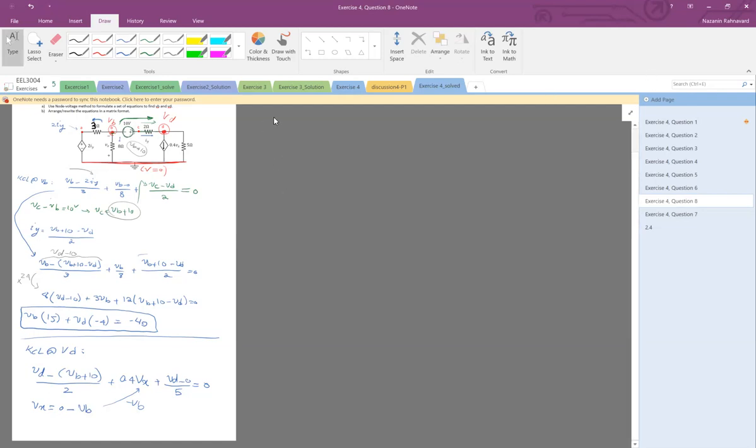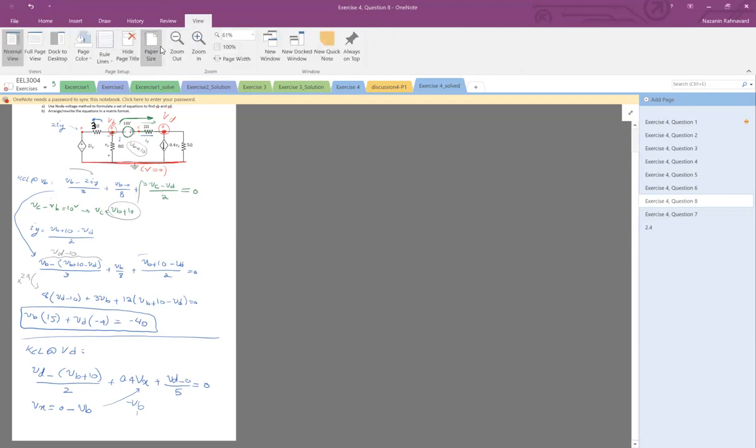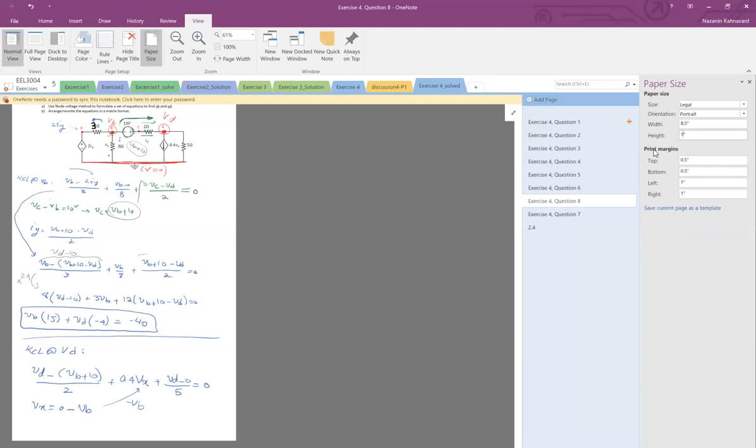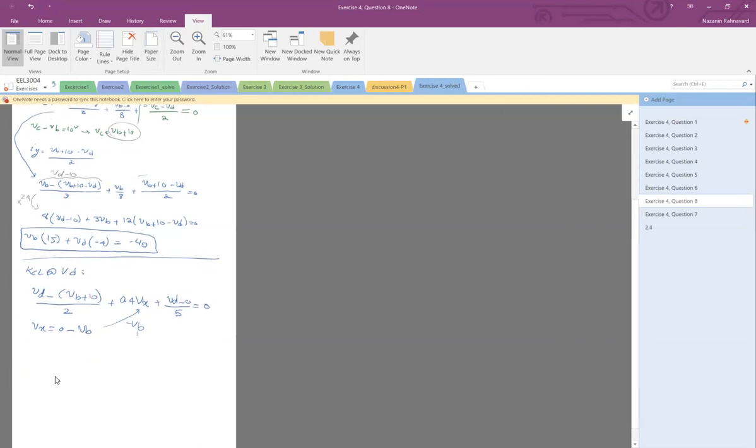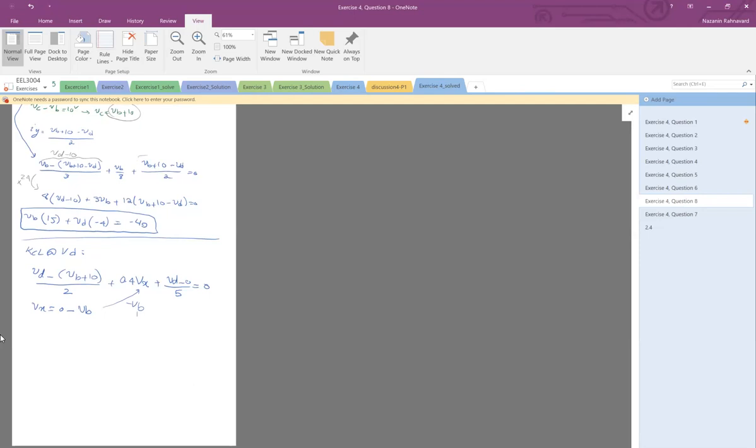So let me extend my page here. On this equation, let me multiply everything by 10 to get rid of the fractions. 10 times that, 10 divided by 2, is 5 VD minus 5 times VB plus 10.